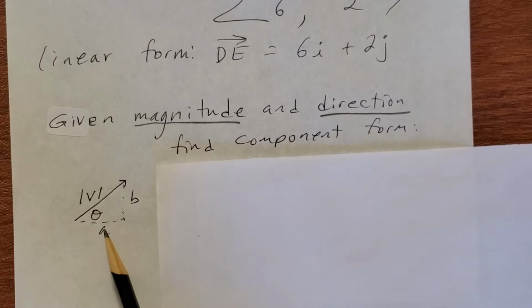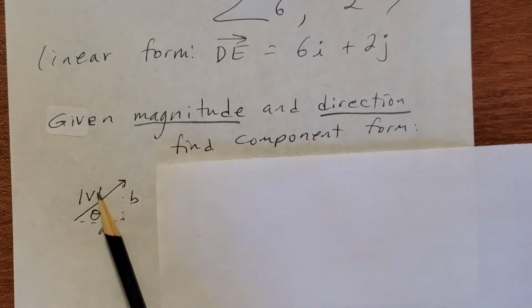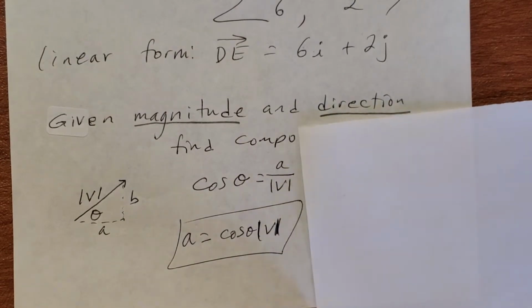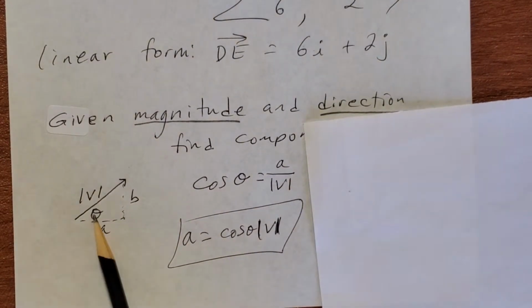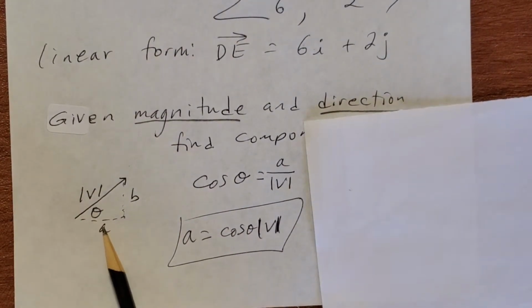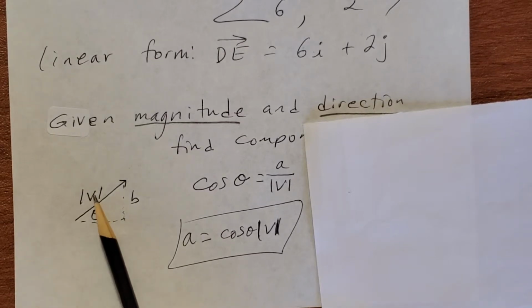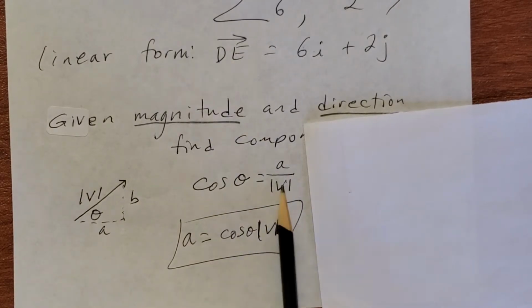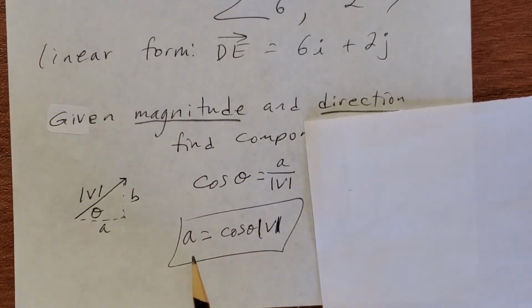So if I wanted to find A, that would be adjacent over hypotenuse. That'd be cosine. There it is. Cosine of the angle is equal to A, adjacent, over magnitude V, hypotenuse. So if you're looking for A, you solve for A, and that's how you get A.